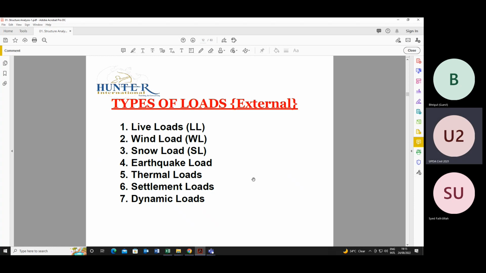Here are the types of loads that act on the structure. Number one is live loads, then wind loads, snow load, earthquake load, thermal load, settlement load, and dynamic load. These are the various loads that act on the structure, which will be considered during the structural analysis, or we can say in the design.